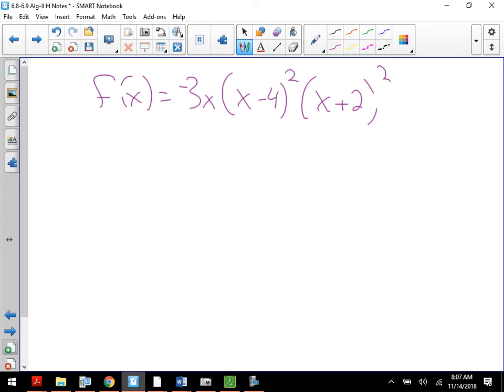So I have f of x equals -3x times the quantity x minus 4 squared times the quantity x plus 2 squared. Which means, how many zeros should this have? 5 of them. Good. There's going to be 5 zeros. Your zeros are located at 0, 4 and 4, correct, and then -2, -2.